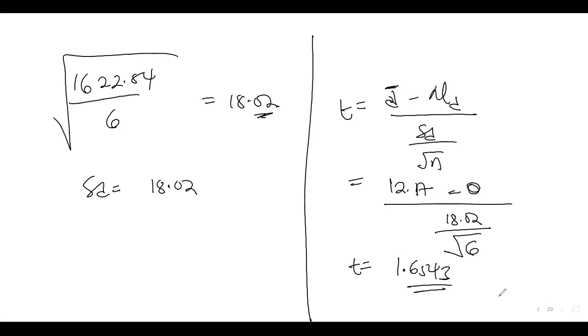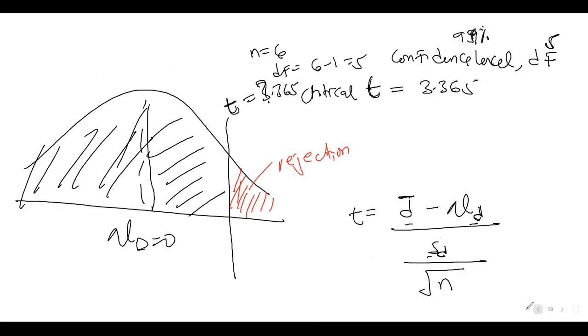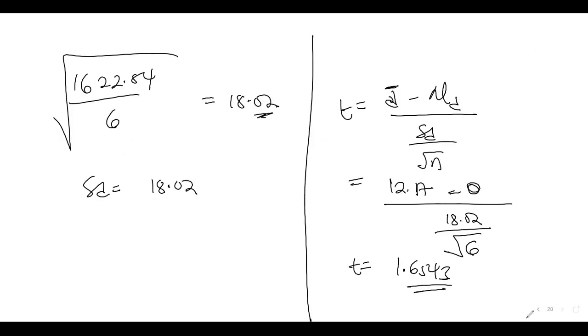Okay, now let's go to our drawing initially. So our computed T is less than this critical T. It's 1.6543, all right? So since it falls in the acceptance region, we accept the null hypothesis, but of course we use the words fail to reject.